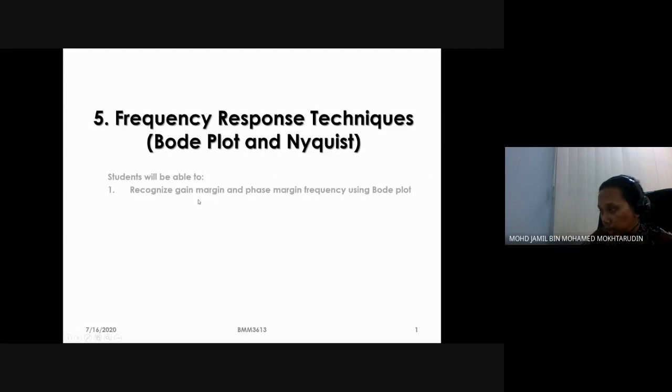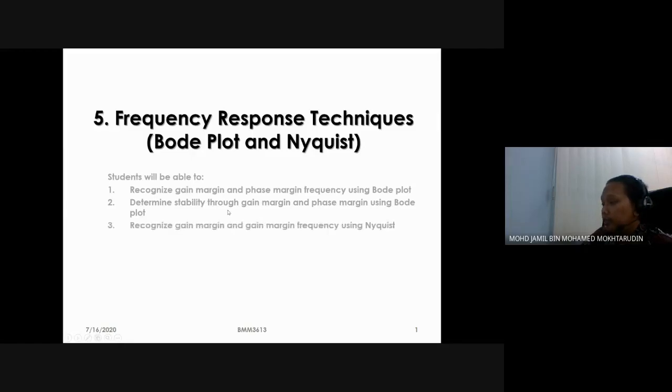There are two parameters that you will need to calculate in Bode plot, known as gain margin and phase margin, and these two parameters will be used to determine the stability from Bode plot. Same thing for Nyquist: you can also determine gain margin and gain margin frequency, and use this to determine the stability. Okay, so we look at Bode plot first and then Nyquist.